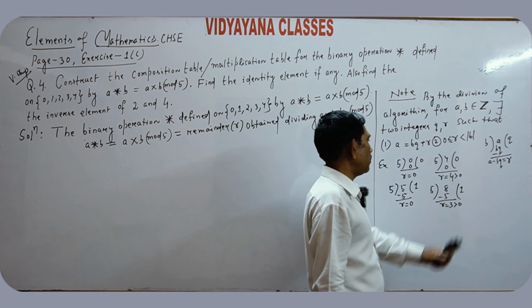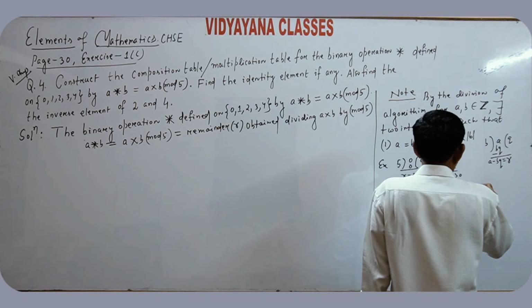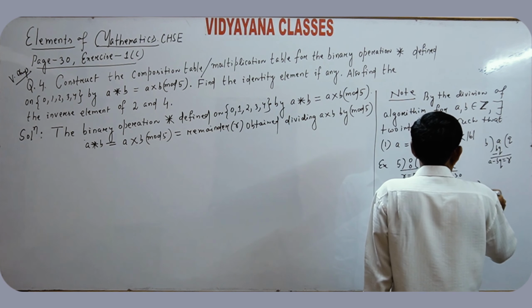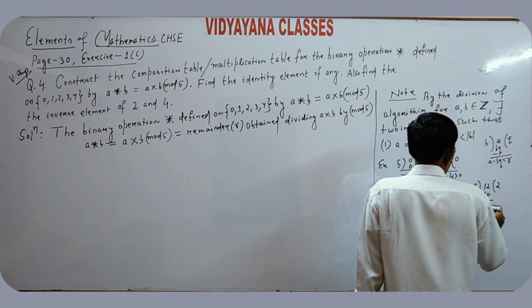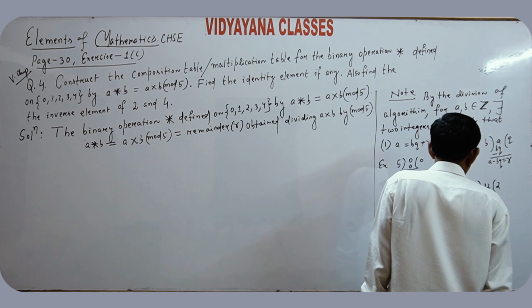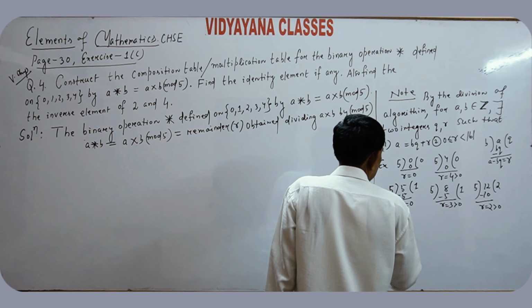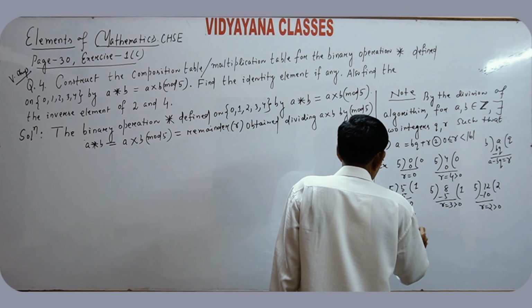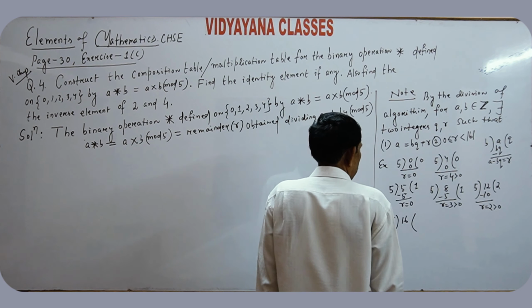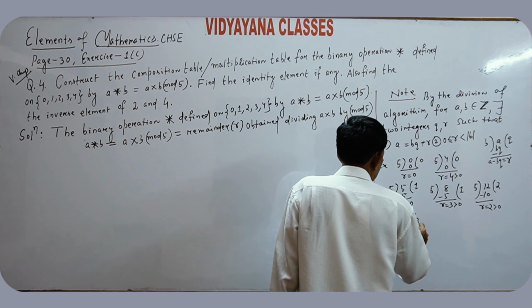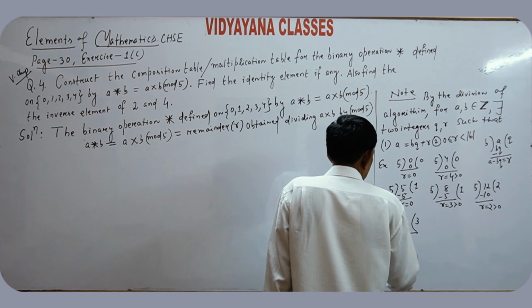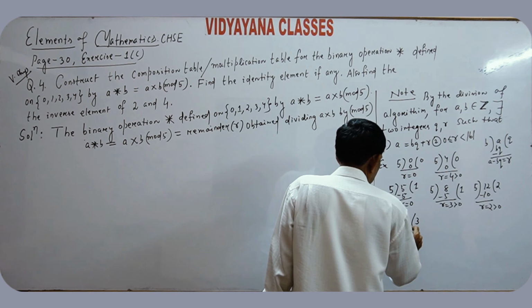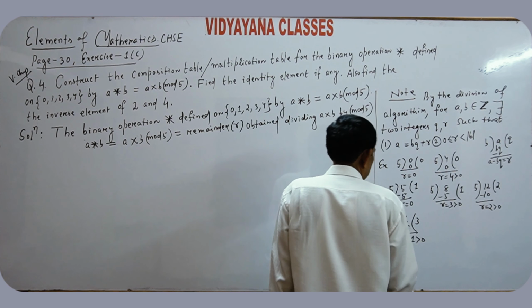The remainder is always greater than or equal to 0. 5 divides 12, the quotient is 2 and the remainder r is equal to 2. 5 divides 16 gives the remainder 1.